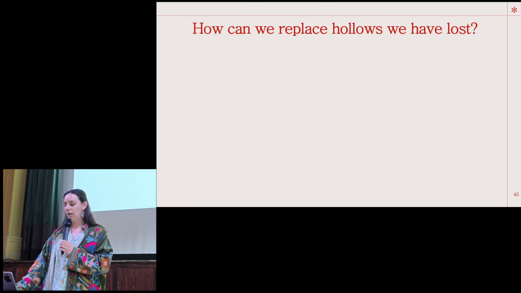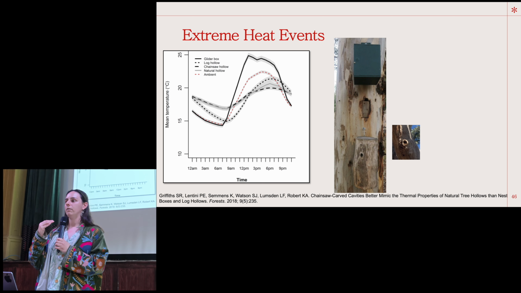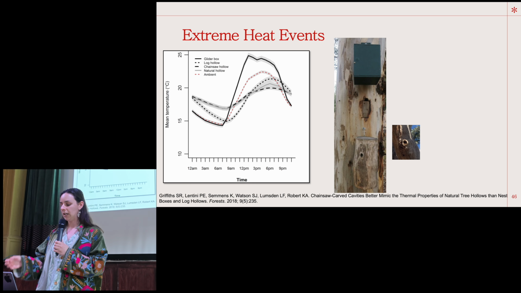And it's a bit tricky because a lot of these techniques have evolved and been refined over time, and one of the biggest troubles that we have with all these different methods is how well they insulate, because replicating an old growth tree in a box is really, really hard.